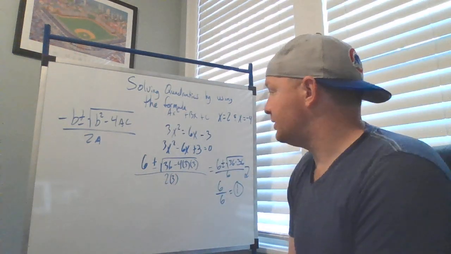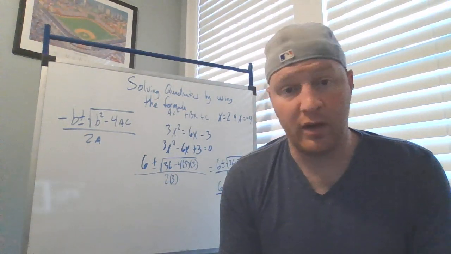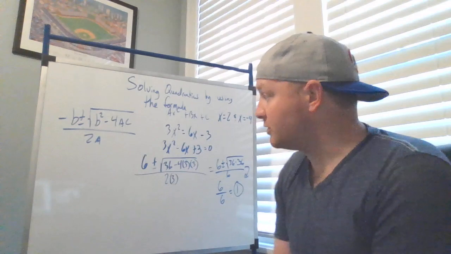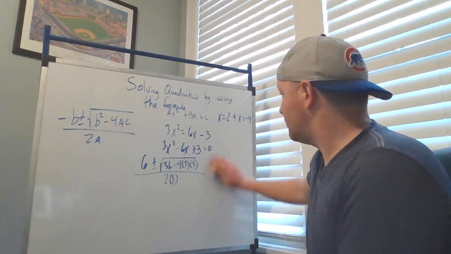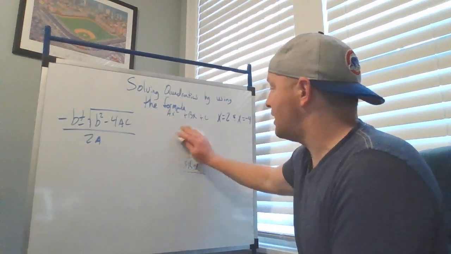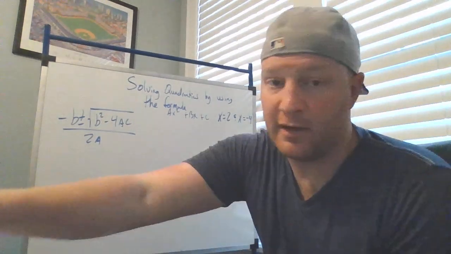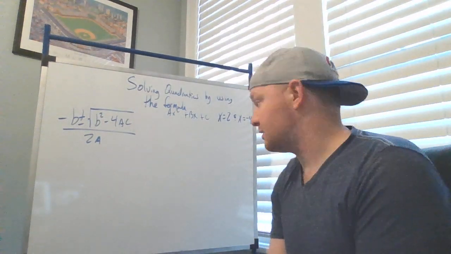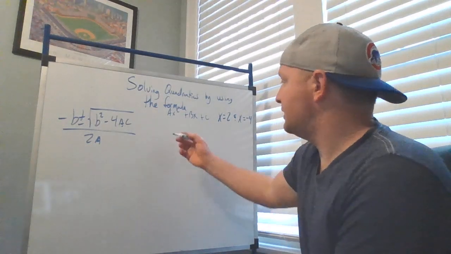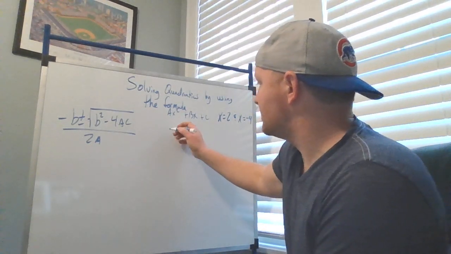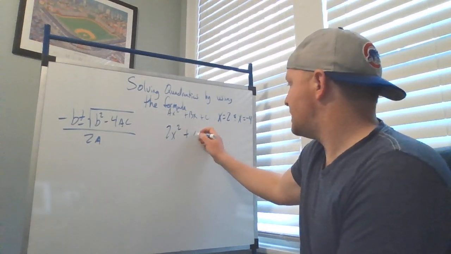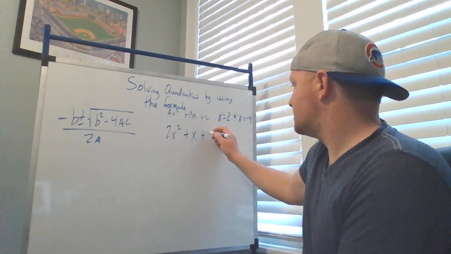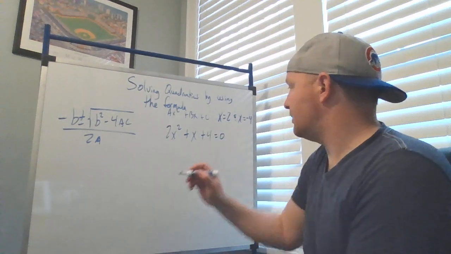My last example is going to be a situation where we are going to produce a no solution situation, and you'll see how this makes sense using arithmetic instead of looking at the graph and seeing that the graph itself does not cross the x-axis. So let's say I had something like, for instance, 2x squared plus x plus 4 equals 0.